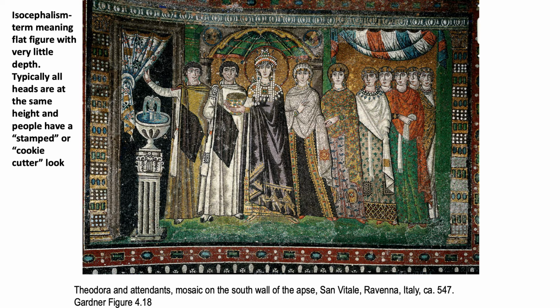The mosaic that you see is very similar to Justinian's in terms of the border being encrusted fully with precious gems. You see rubies and sapphires and pearls. The crown that Theodora wears is 100% made of precious material. So the pearls that you see are real pearls.